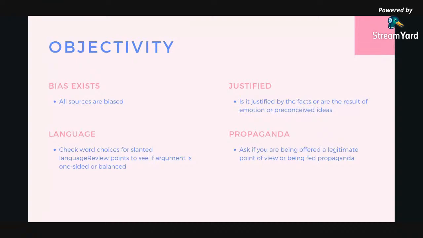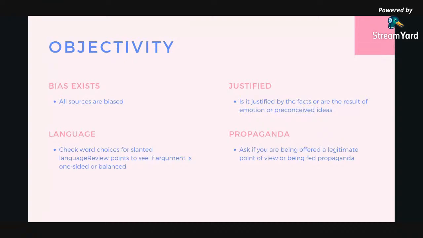Also look at the language. Check for word choices that are slanted language, or look at the points to see if the argument is one-sided or balanced, because you might notice some words have more negative connotations about one side versus the other.